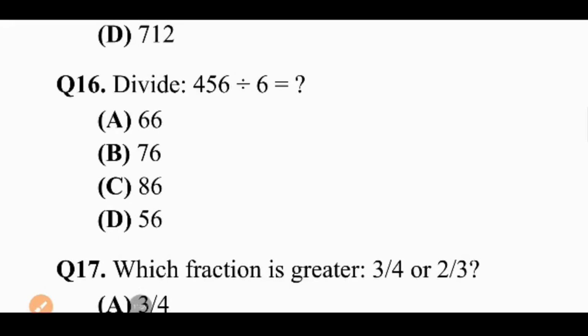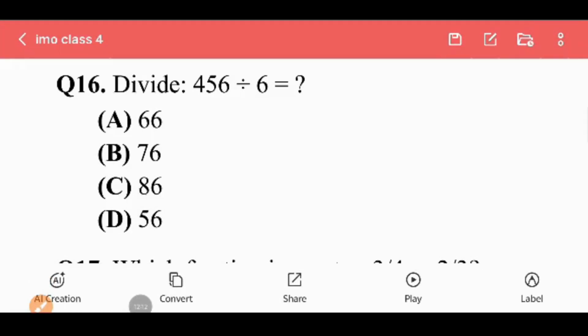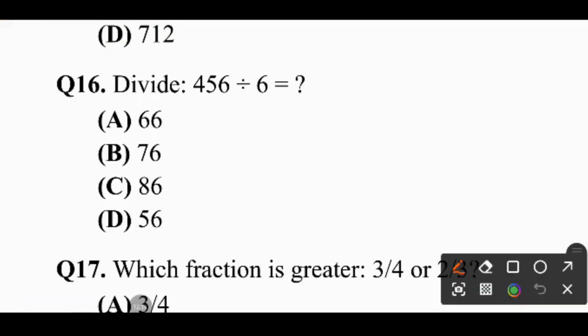Now moving to another question, question number 16, which is division. You have to divide this number. Those who know, please go ahead, and the rest please see on the screen. Let's divide it. How will we do the division? This way. 456.